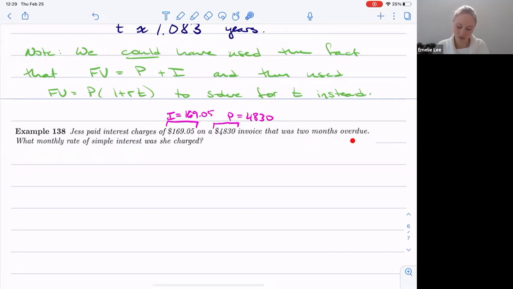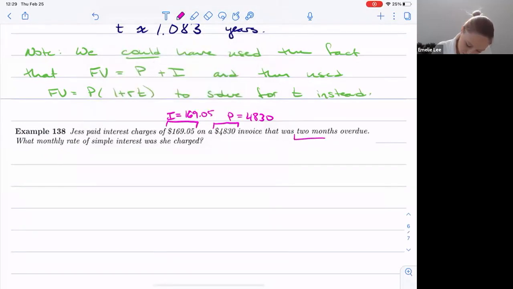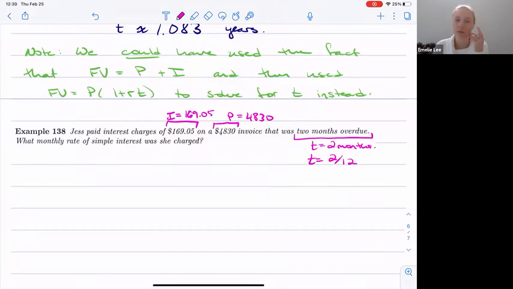And so for 2 months, so here we've got T is 2 months. What's important though is T has to be in years. So for months to go to years, we use T equals 2 divided by 12, right? 2 months out of 12 months in a year.